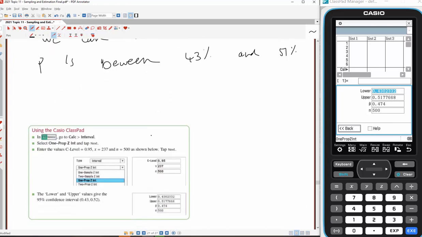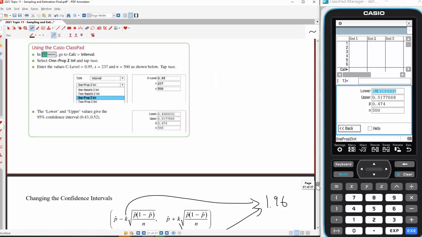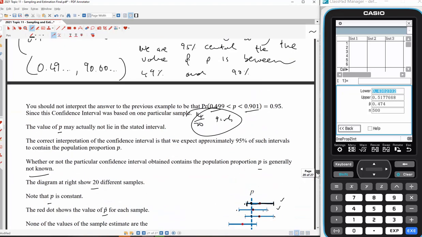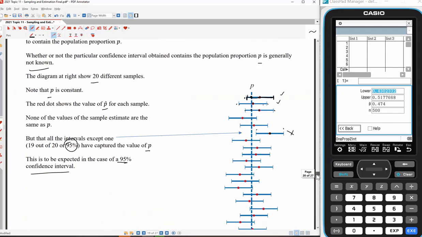All right, now we've been using 1.96 as this value here in our formula. Now on the formula sheet, let's go back to that, it's listed as Z. Well, what if we want a different level of confidence?